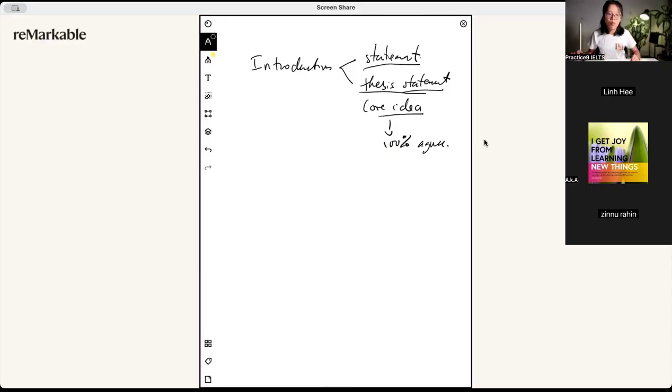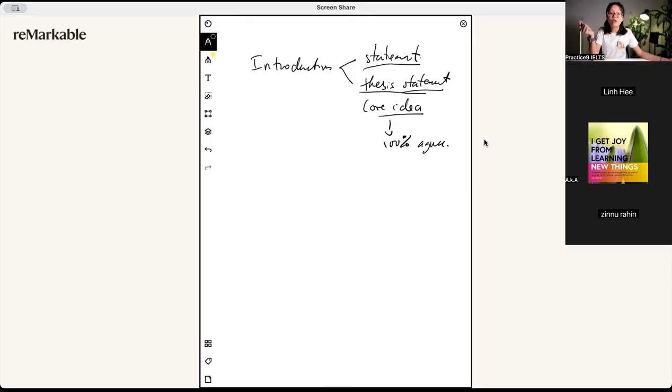What about you? Do you 100% agree? Do you 100% disagree? Or do you think that there is a middle way to approach this essay? So let me know in the chat. I'm not asking you to do anything special. I am not asking you to write an entire nice sentence or anything.